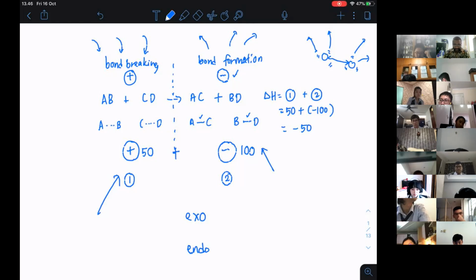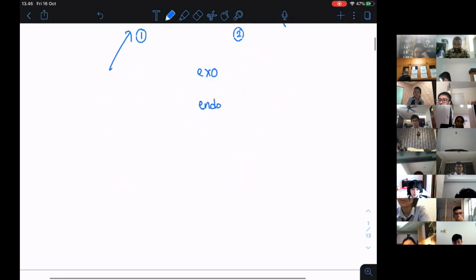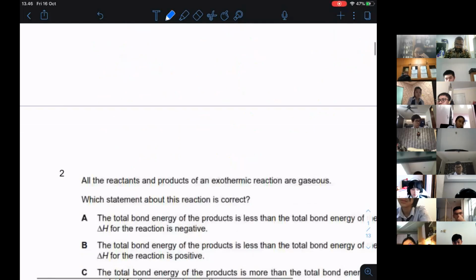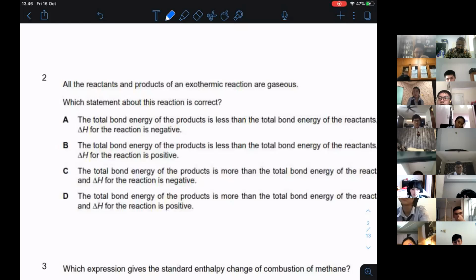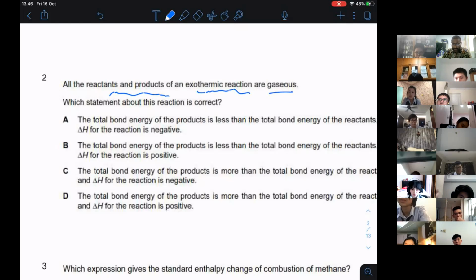So let's look at this example. They say that all reactants and products of an exothermic reaction are gases. One of the reactions I can remember is nitrogen plus hydrogen to give you ammonia.